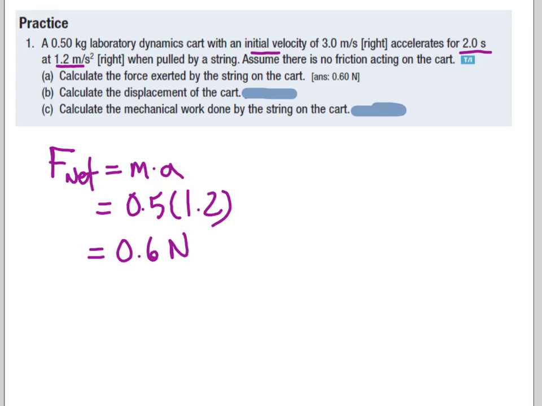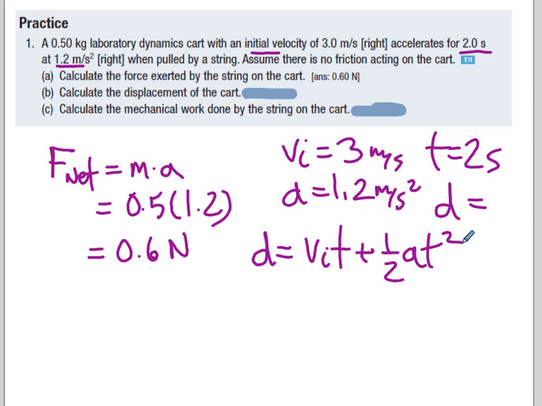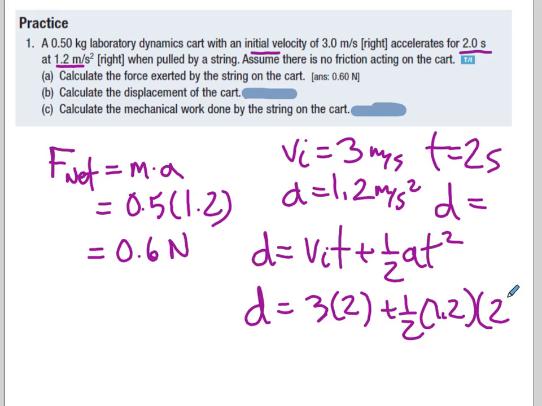Again, we're going back to some sort of kinematics here. So let's go initial velocity 3, acceleration 1.2, time 2 seconds, and we're trying to find D. So if I go D equals v_i t plus 1/2 a t squared, then D equals 3 times 2 plus 1/2 times 1.2 times 2 squared, pardon my messy writing.